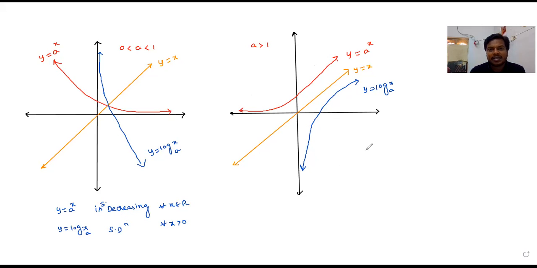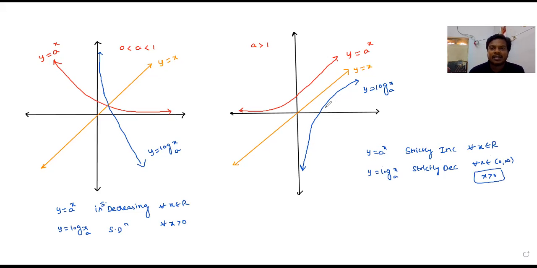So here I am writing y equal to a power x strictly increasing for all x belongs to R, and y equal to log x base a, it is strictly decreasing for all x belongs to open 0 to infinity. That means x more than 0, right?